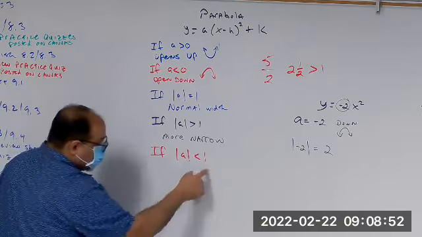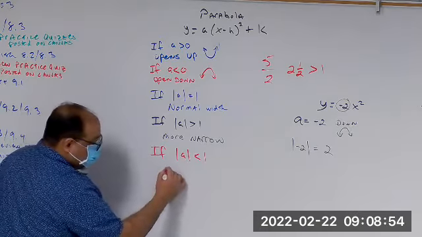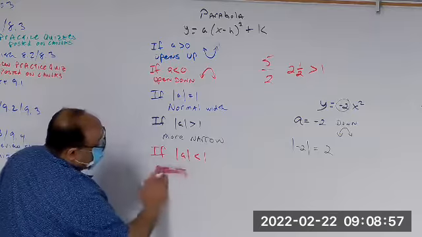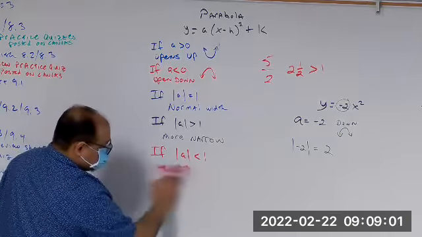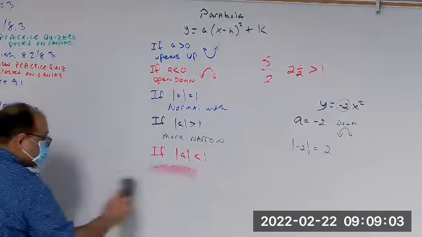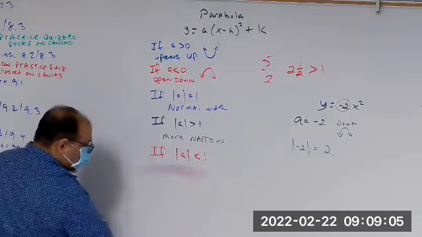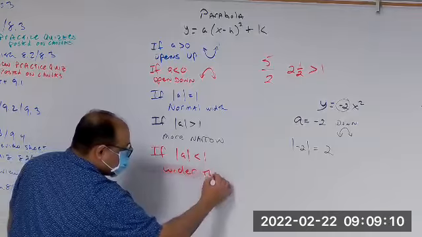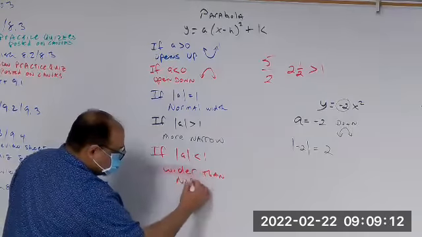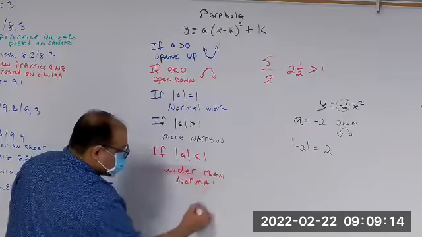But less than 1, it's going to be wider than the normal A equal.